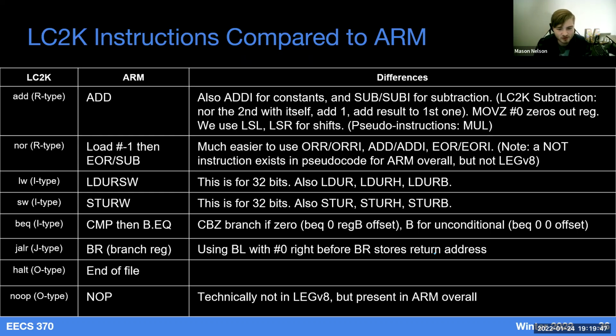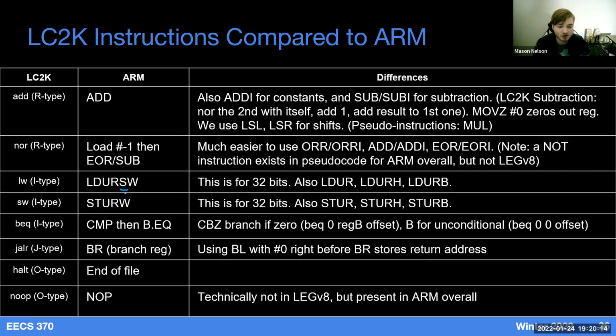Now for our loads and stores, we have multiple types of loads and stores. And that's because ARM is byte addressable. It's not word addressable. And so we can load multiples of different bytes into our registers, which are 64-bit. We can load words, which are 32 bits. And so if you see this S, that means signed. So that'll do a sign extension that we talked about earlier.